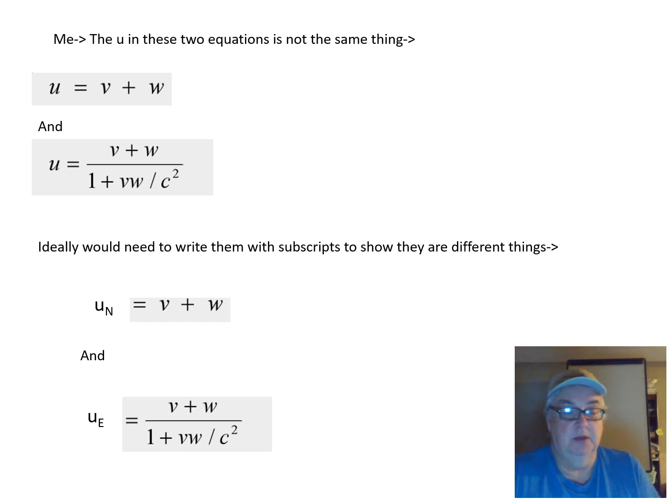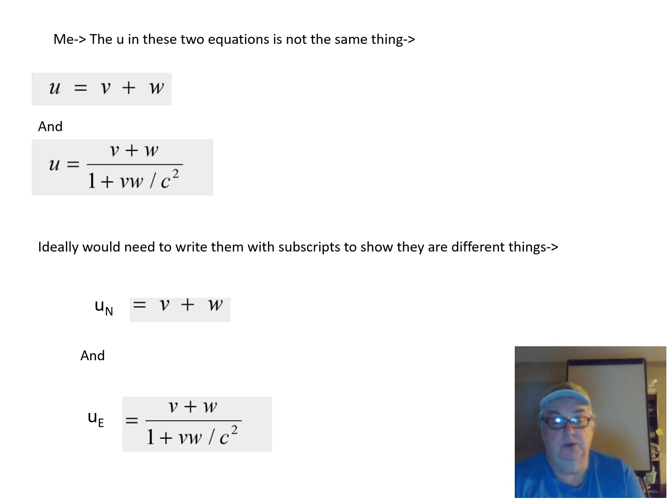So it would be u subscript N for Newton, as being equal to v plus w, and that would be what you'd see as relative speed according to Newton. While for Einstein, when you do his measurements or his method, you have a relative speed of u subscript E, and so it's two different things.